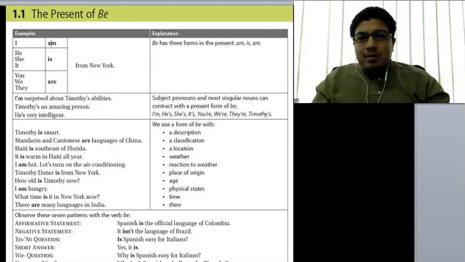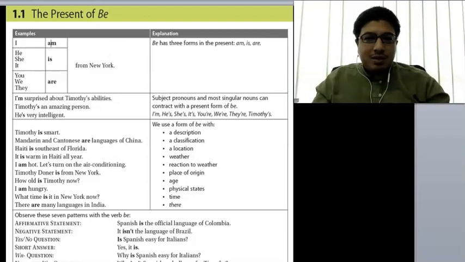Today we're going to study simple present tense. There are many tenses in English that we'll cover in the coming weeks throughout the semester. But for today we're going to talk about the most basic one, which is simple present tense, as well as present continuous tense.